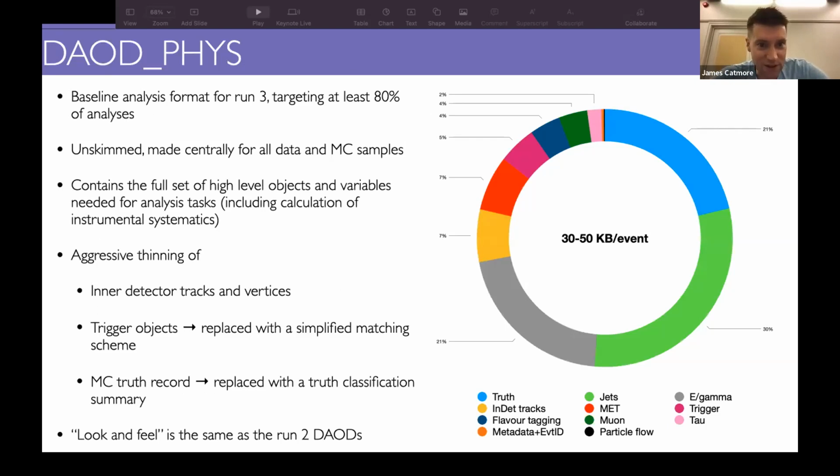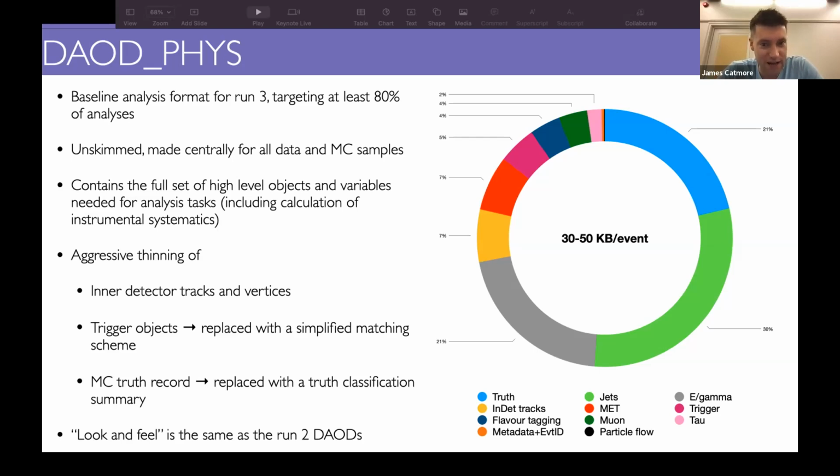So DAOD FIS, as I said, is unskimmed. We hope it will be in the range 30 to 50 kilobytes per event, depending on whether it's data or Monte Carlo and the pileup. It contains the full set of high-level objects and variables needed for analysis tasks, including calculation of instrumental systematics.